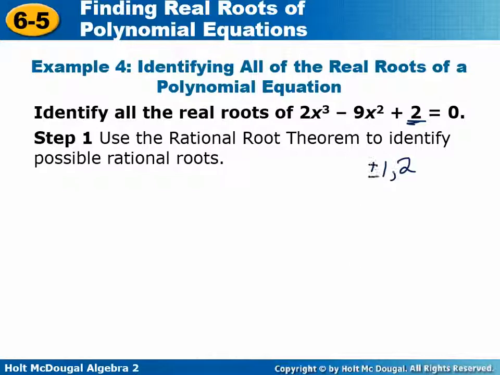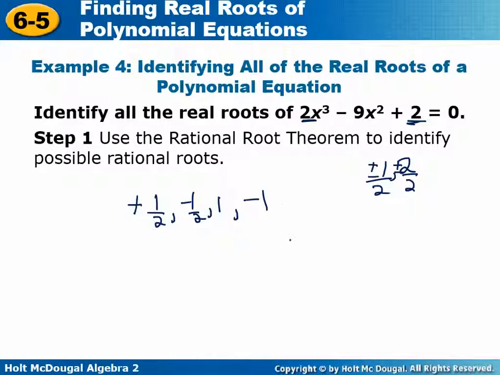So I could have plus and minus 1 and plus and minus 2. And you divide it by the coefficient of the first term. So I could have plus 1/2 or minus 1/2. 2 divided by 2 is 1, and -2 divided by 2 would be -1. Those are the only possible roots.